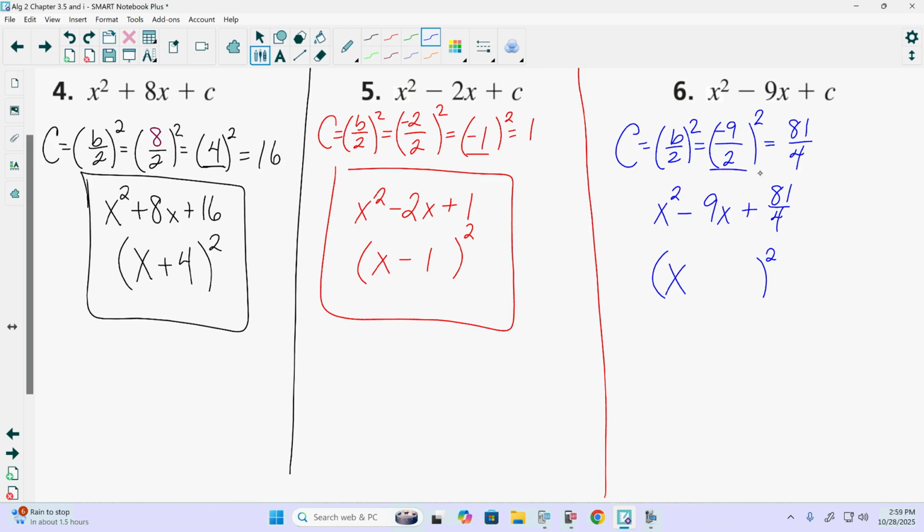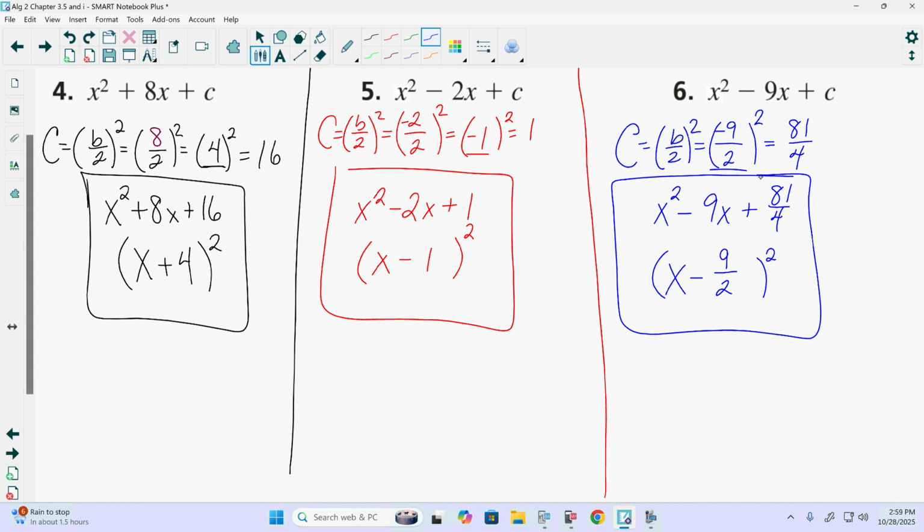But what's the number inside the parentheses before we squared it? Negative 9 over 2, which tells us that our factored form is going to be x minus 9/2 squared. And that's it. Questions on this here?